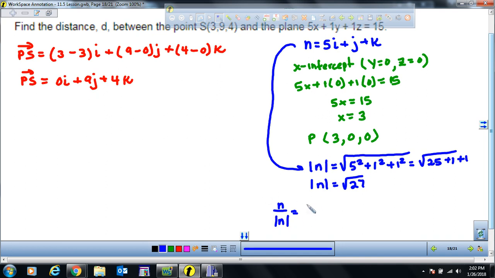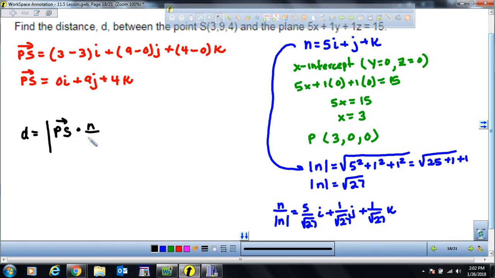So we're going to divide the components by their magnitude: 5 divided by the square root of 27 i plus 1 divided by the square root of 27 j plus 1 divided by the square root of 27 k. Now, what is the formula to find the distance from a point to a plane? It is the magnitude of the dot product of the vector PS with the direction of the normal vector.